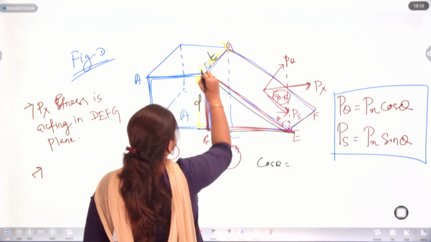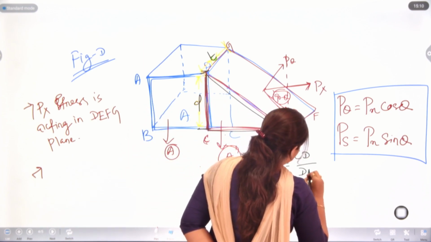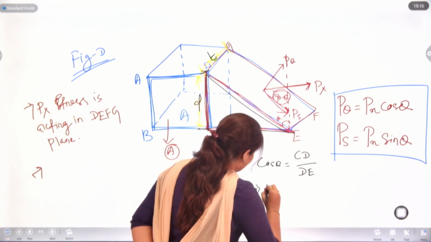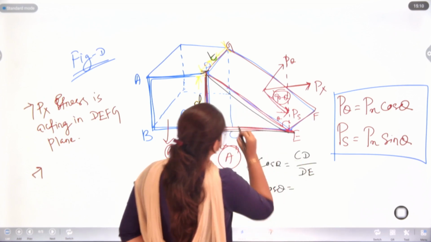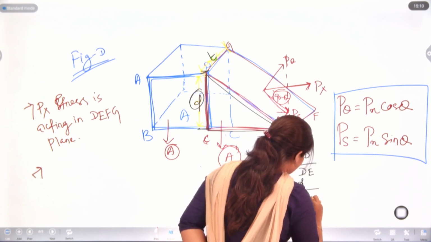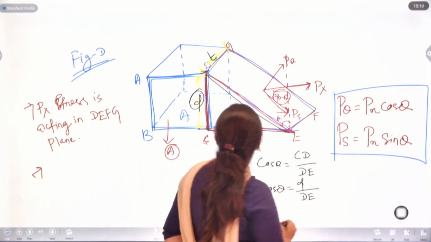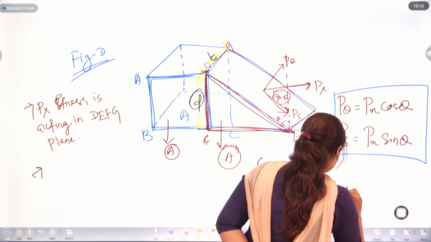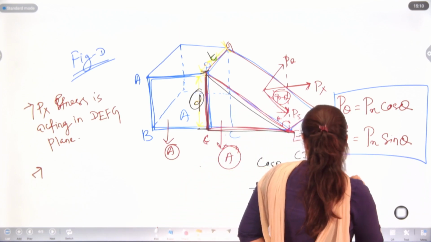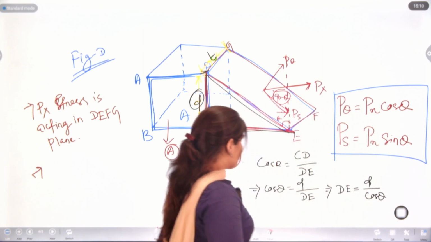Cos theta will be CD upon DE, right? We can say that CD is our D, so cos theta will be D upon DE. Now, we can write that DE will be D by cos theta.